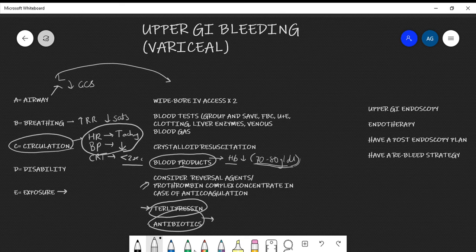Once you have done all of these steps, the assessment as well as the initial treatment, we can label it as resuscitation. Now, I cannot emphasize enough the importance of initial resuscitation in patients with variceal bleed.